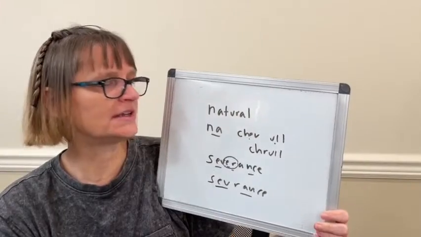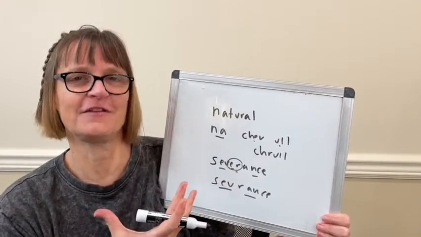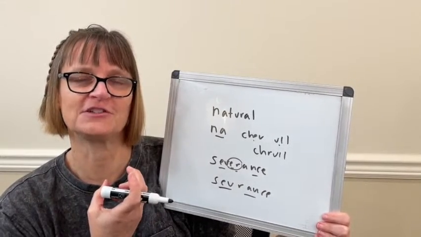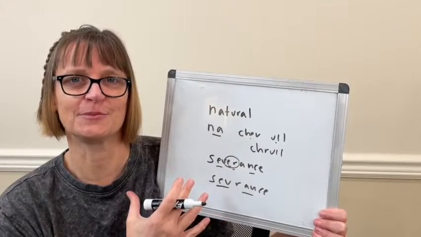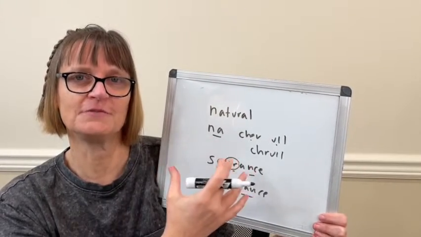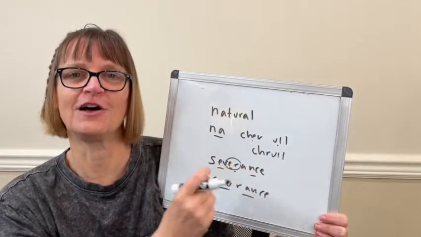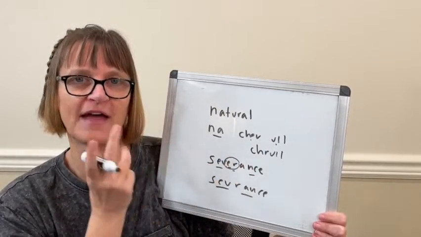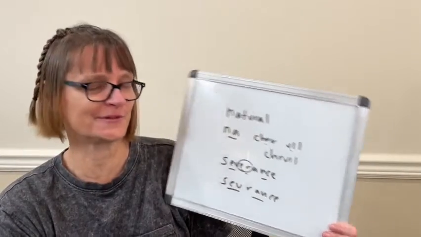What you don't want is natural or severance. You want to have a lot of length on the stressed syllable and then be really fast and reduced, regardless of if you do 1 or 2 syllables on the unstressed syllables. So it'll sound natural if you use na being long and churl being fast, either reduced down to 1 syllable or just 2 very fast syllables.